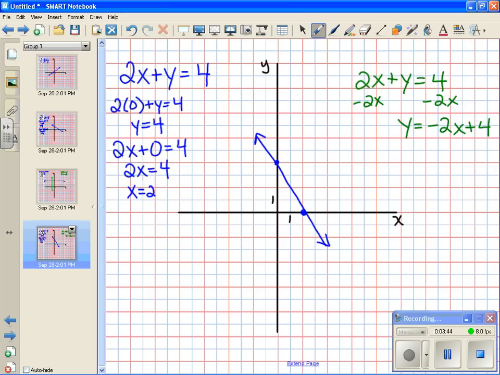You could plot the y-intercept using the slope-intercept method, and then my slope is -2 or -2/1, so that would tell me to go down 2, over 1. Or remember, you could always go up 2, which would be a +2, so then you would need to go to the left one. So you can see my line, and I didn't draw it very accurately, but this does produce the same line, so either method would be appropriate.